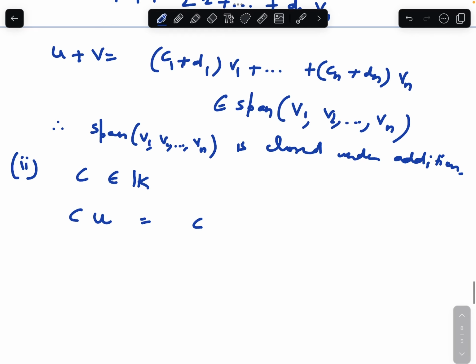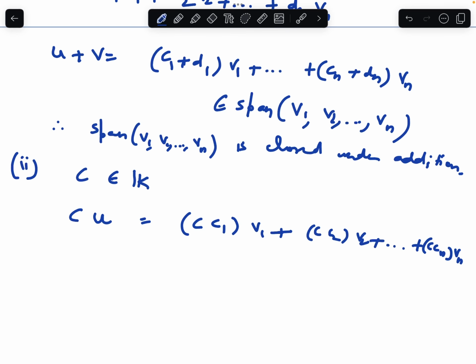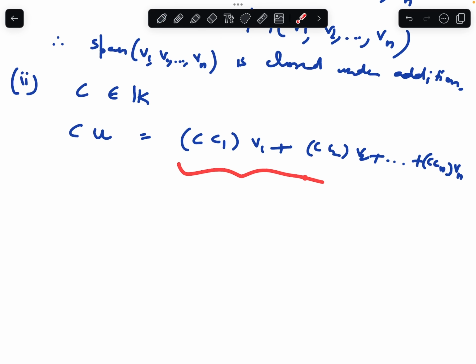So Cu is equal to Cc1 V1 plus Cc2 V2 plus dot dot dot Ccn Vn. But this is again a linear combination of these Vi's, right?